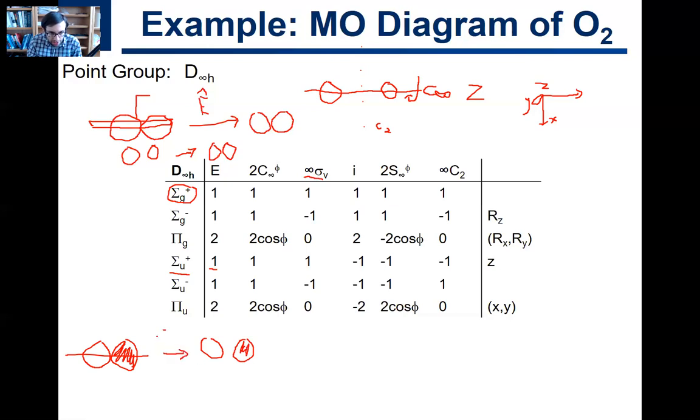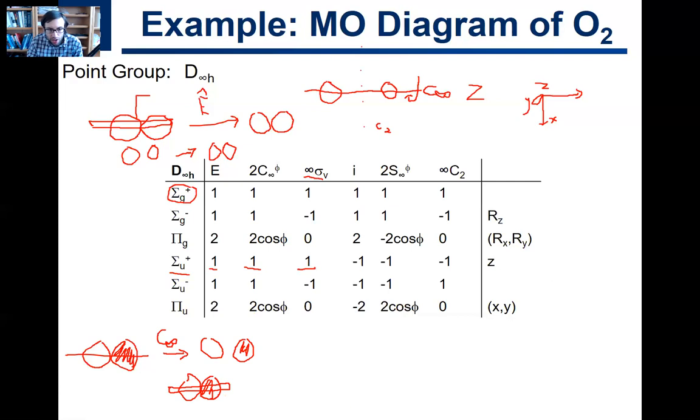So that's doing a C infinity. What happens if we do a mirror plane, one of the vertical mirror planes? Again, that's just a mirror plane cutting through here. So it'll change top and bottom, but left and right won't flip. And so that stays the same here.